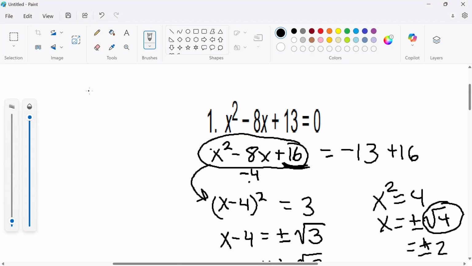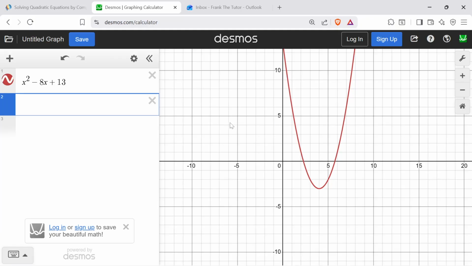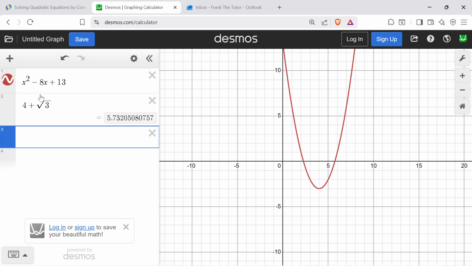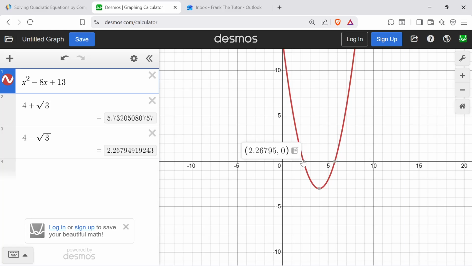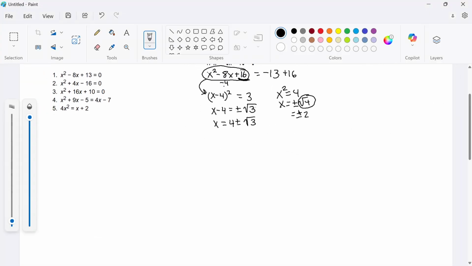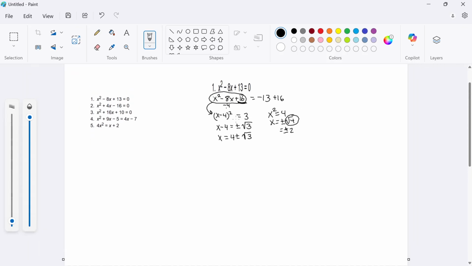Let me see if my answers are correct. 4 plus the square root of 3 is 5.73. Yep. And then 4 minus the square root of 3 is 2.26795. Well, this one's rounded. So yes, I've just checked it on Desmos. It's wise to check them on Desmos. I'm not going to check any more of them in this video, but I checked the first one.